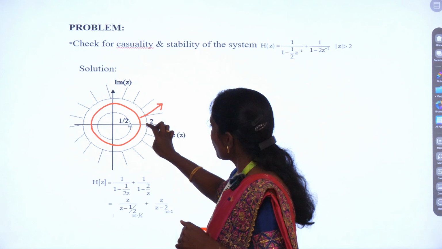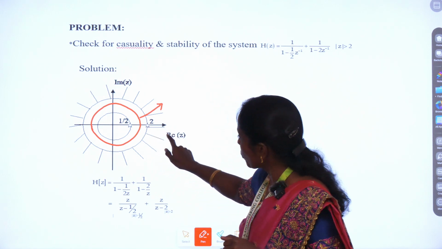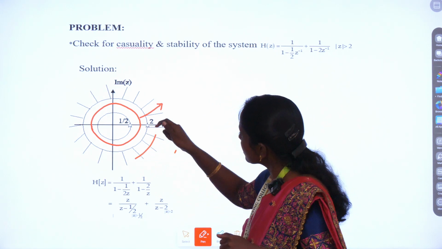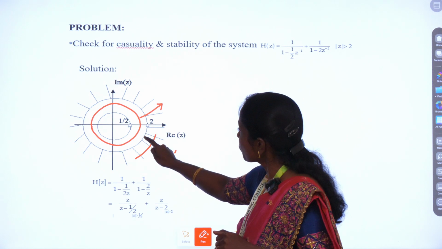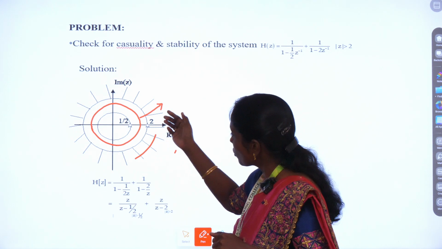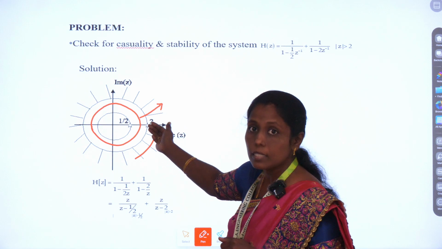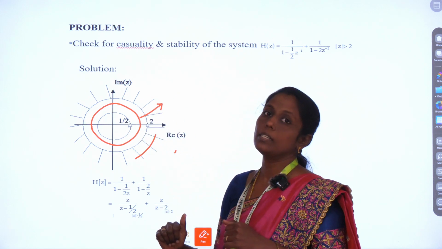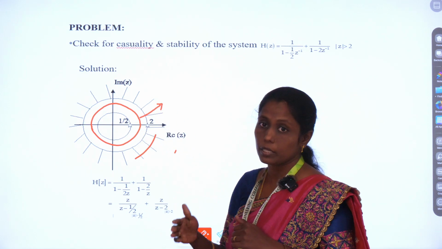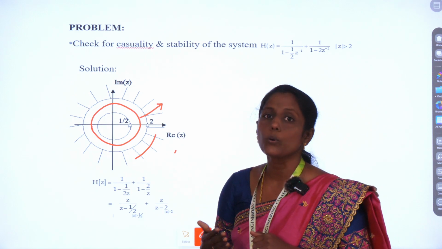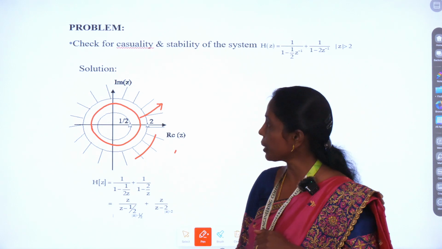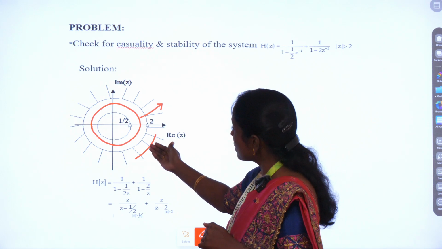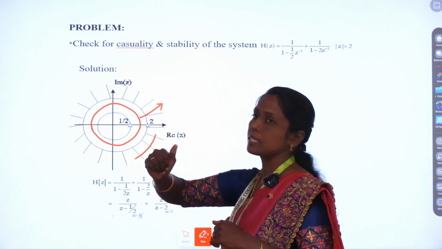So now look at this ROC. This ROC lies here, that is outer of the outermost pole. So definitely it doesn't include this unit circle. So now say whether the system is stable or not. No, it is unstable because it doesn't include this unit circle.